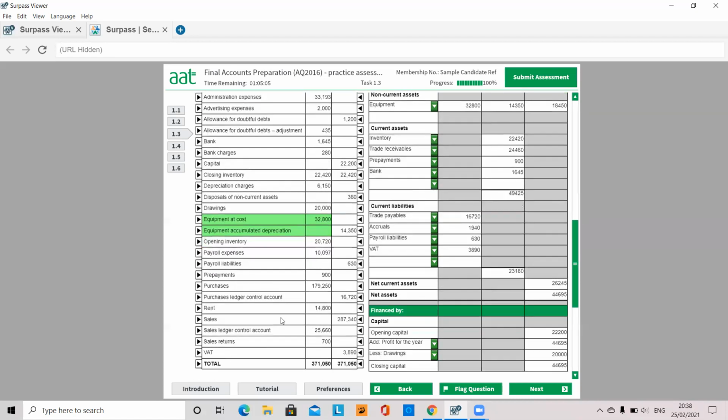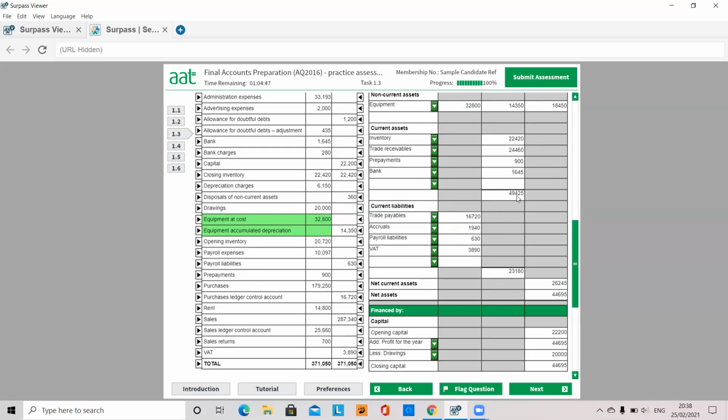And then we've also got VAT, which you can see on the credit side. So we've still got VAT that we owe. So again, you add those together, which gives us your total current liabilities of 23,180, giving us net current assets.